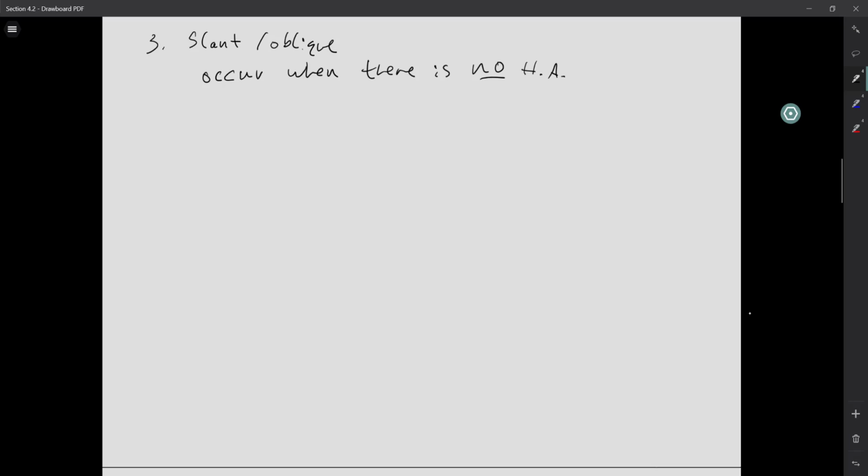Now our last type of asymptote is the slant or oblique. And how we find those is actually polynomial long division. So these occur when you have no horizontal asymptote, and from the previous page we saw that that means the degree on the top is bigger than the degree on the bottom.